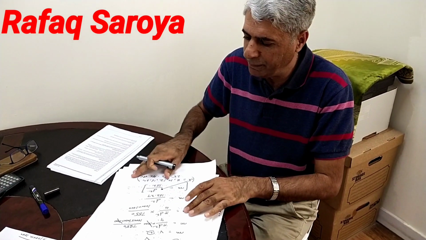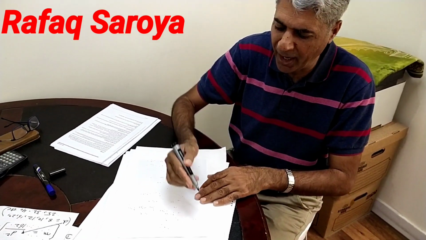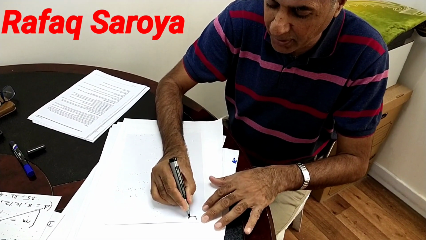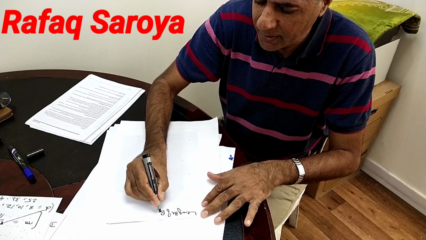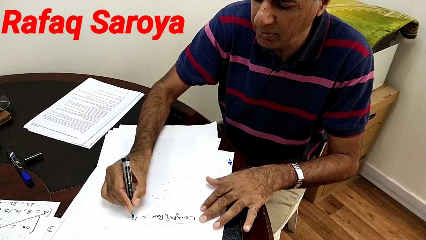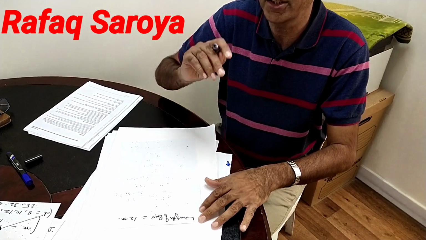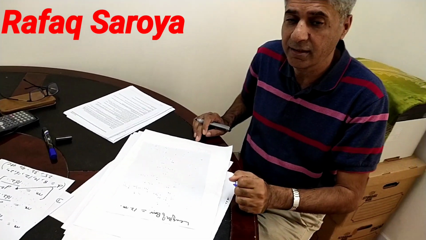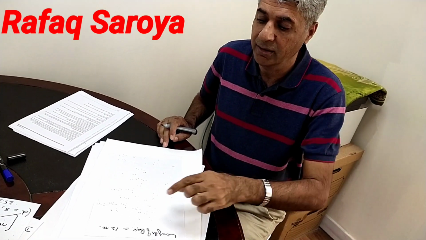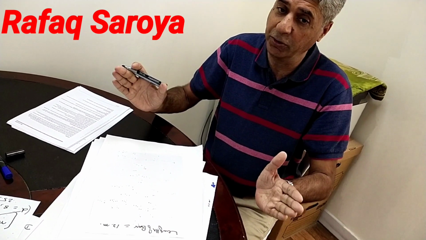Similarly, if we have to find out the mass of the bar, you keep this in mind, length of bar is equal to 12 meter. This is the standard length as per standard BS4449. Standard length is equal to 12 meter.